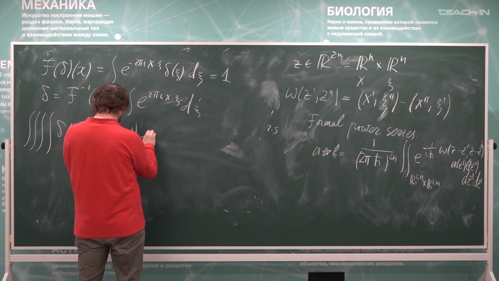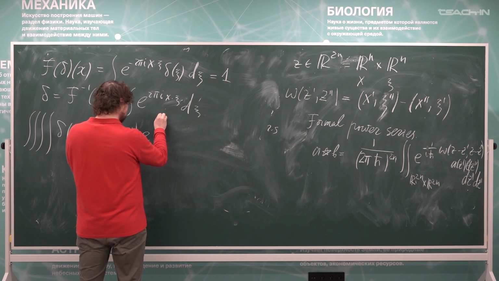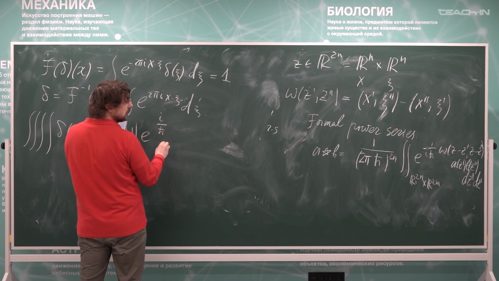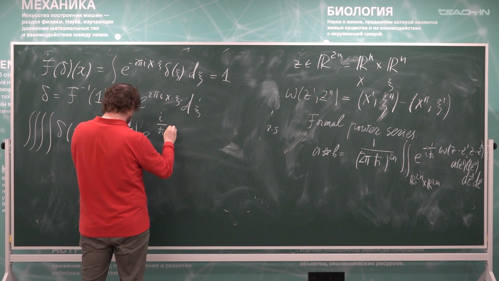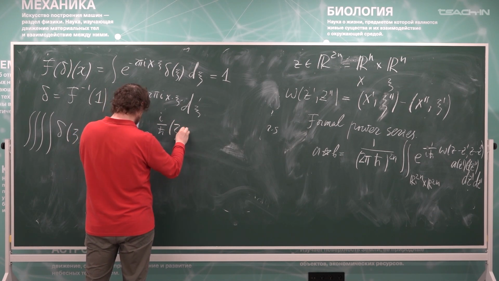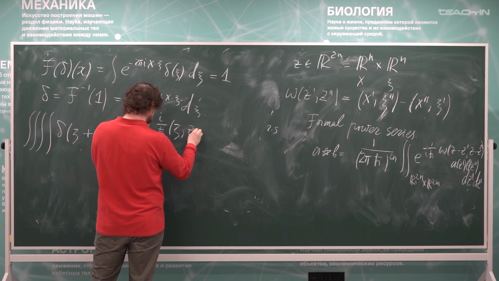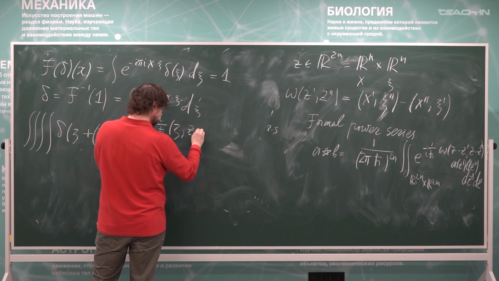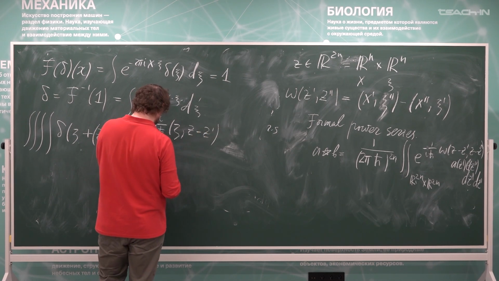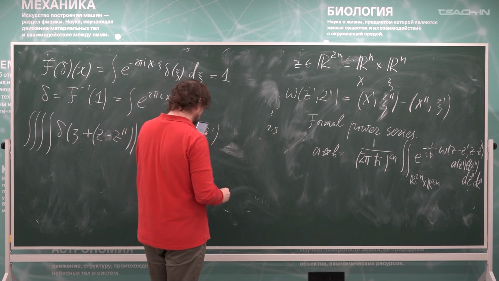This means that we can actually replace the term here by zeta, z minus z prime. You see the change of sign here.